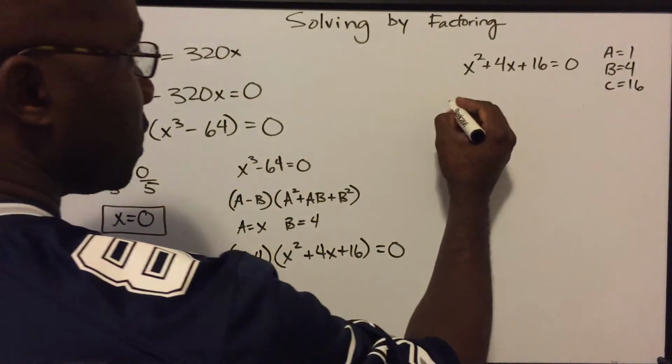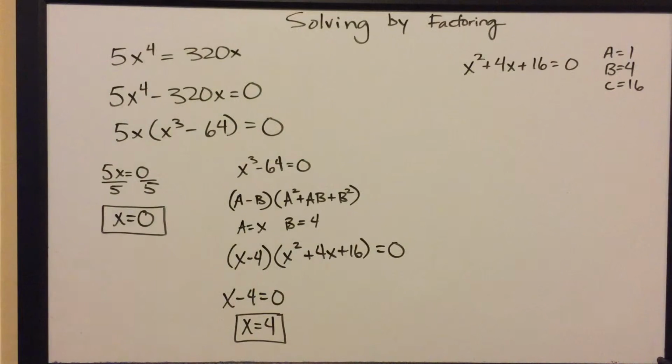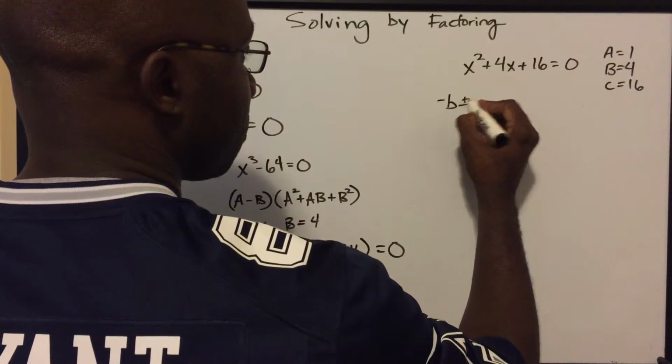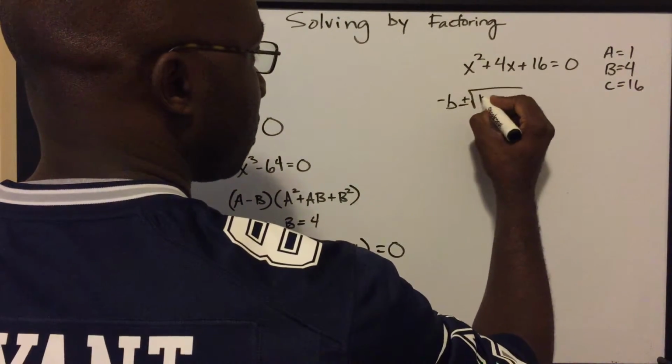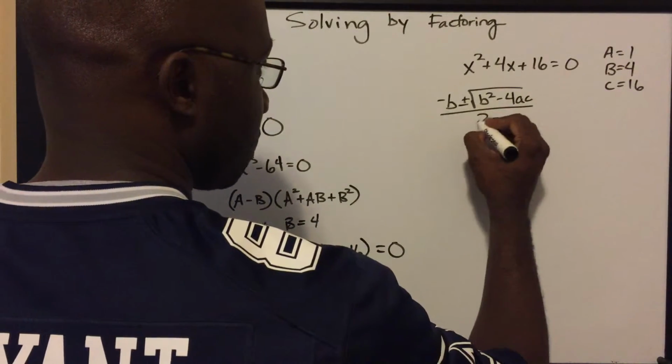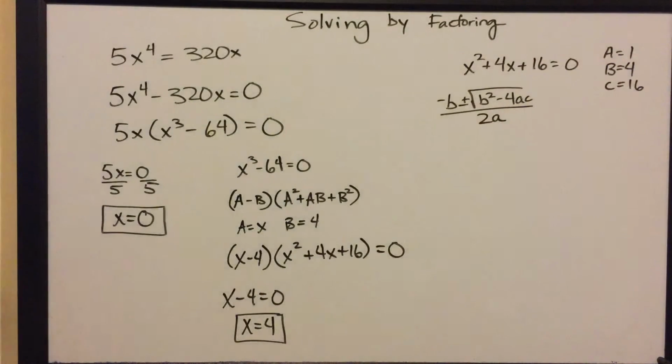Remember the quadratic equation said x equals minus b plus or minus the square root of b squared minus 4ac, all over 2a.